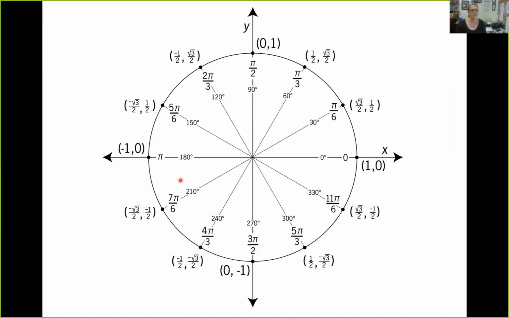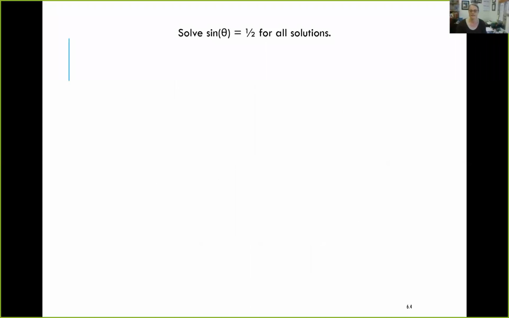The other way we can look at this. We know that there are two angles for which sine is 1/2. They are pi over 6 and 5 pi over 6.